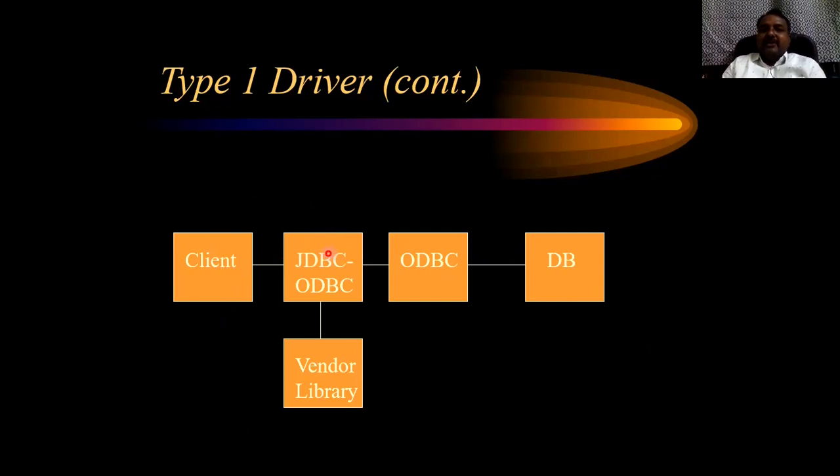And if I use this driver, the client should contain the vendor library. The client should contain these drivers on the computer which would like to interact with your database. And it is going to translate these statements into ODBC statements. And with the help of these ODBC statements, we are going to interact with your databases.